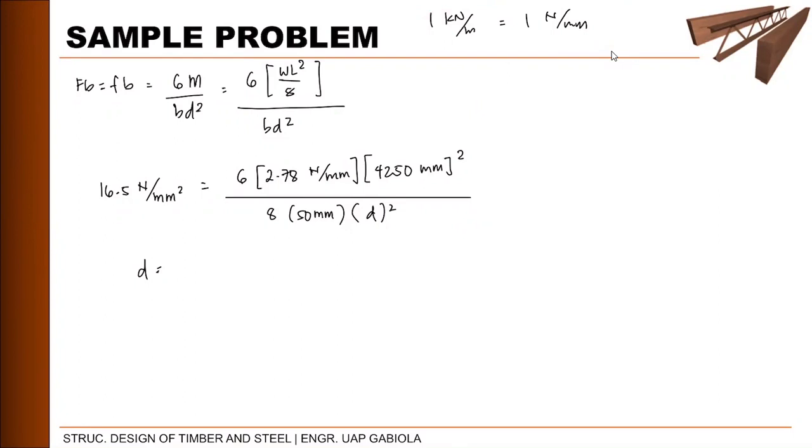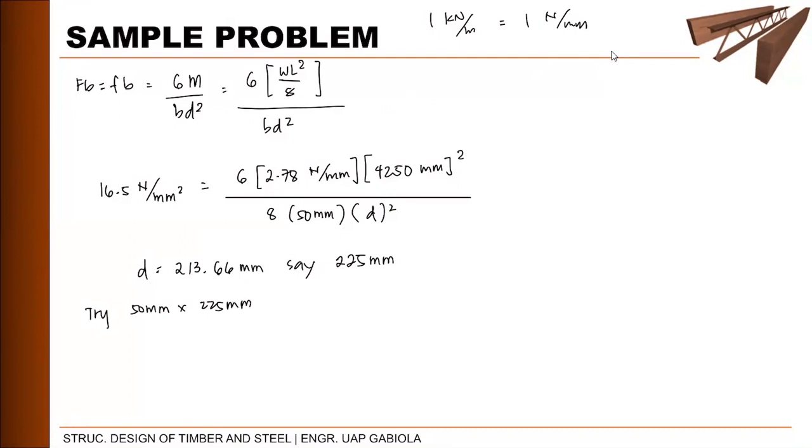Whatever is the answer, square root of that answer. So we have 213.66 mm. Okay? We can say it can be 225 mm as our D. Okay, so if we will use 225 as our D, we will be trying out 50 mm by 225 mm.